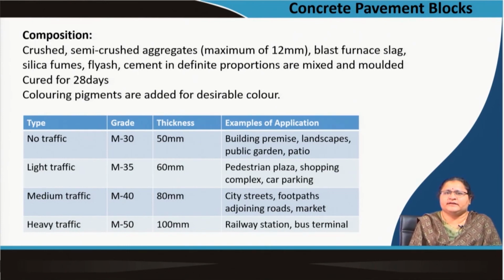Light traffic, we call it pedestrian plaza, shopping complex, car parking. See here, the grade is varying from M30 concrete to M35 concrete. Medium traffic is city streets, footpaths, adjoining roads, markets, and see the thickness has changed from 50, 60 to 80.